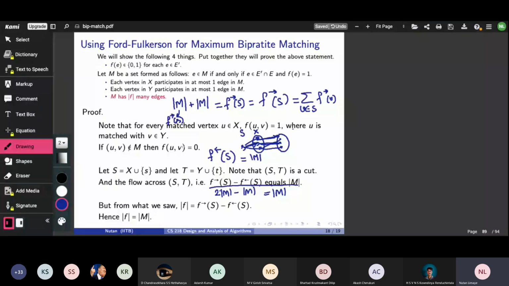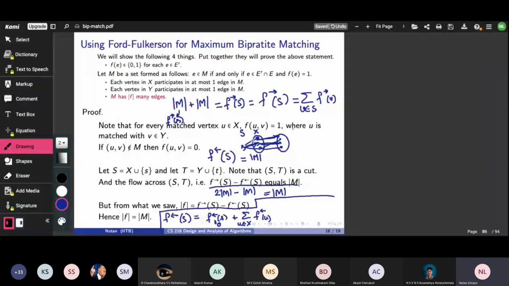Okay, let's try to work that out. So let me work it out over here. So flow entering capital S can be broken down into flow entering little s plus the sum over U in capital X of flow entering U. Now this quantity is 0, because we have assumed that the source node has no edges coming into it. So this is just 0. What about the flow entering capital X?